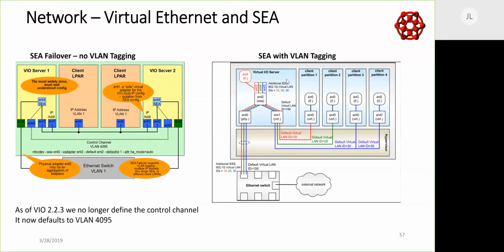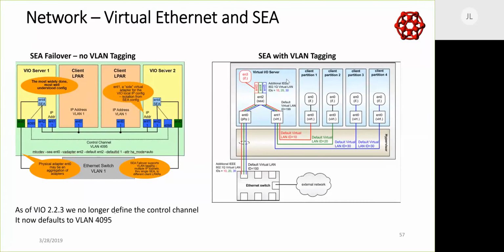Between all these LPARs, it's a virtual Ethernet, and then they connect to the shared Ethernet adapter and go outside on the physical adapter. So just be very aware of that, because remember I said that the entitlement, the amount of CPU in all these LPARs, impacts this virtual Ethernet. So if you don't have enough CPU, there's not enough CPU to actually run that virtual Ethernet. Just keep in mind.